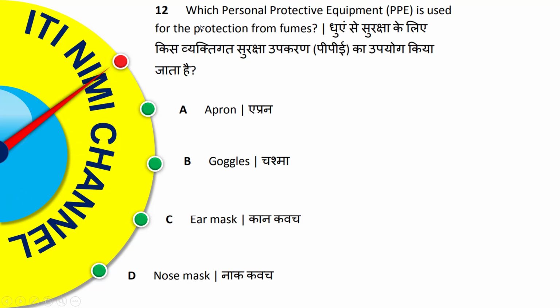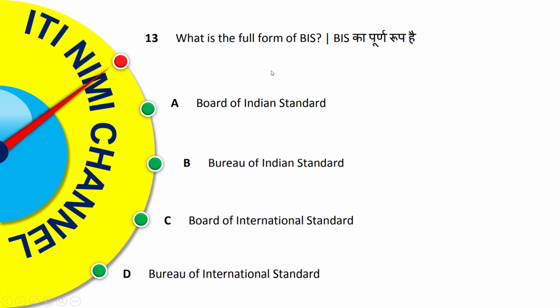Which personal protective equipment is used for protection from fumes? Apron, goggles, ear mask, nose mask. The answer is nose mask. What is the full form of BIS?